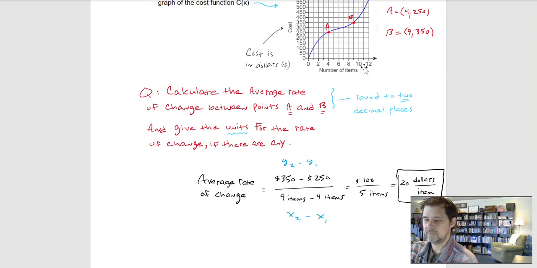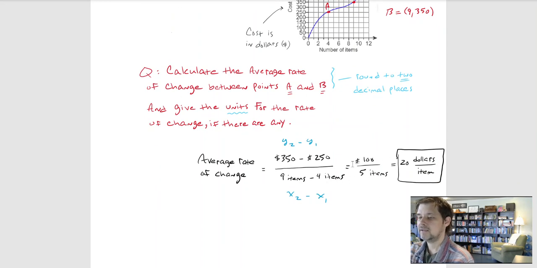Okay, there's something that's for sale or something, who knows, it doesn't say, but 9 items minus not 4 but 4 items. So notice how I preserve the units through my calculation. Now if you have 9 items and you take away 4 items, you get 5 items. See how the units are preserved there? So I get $100 per 5 items.